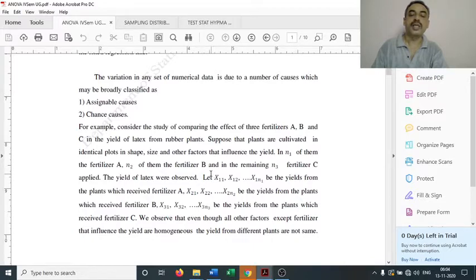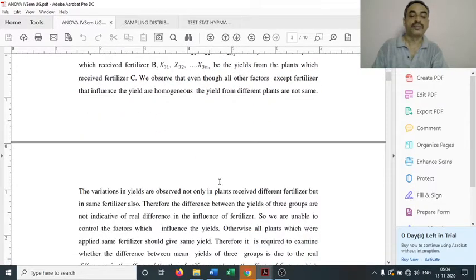So if there are n1 observations receiving the first treatment, then x11, x12, etc., x1n1 are the observations from the units receiving the first treatment. Likewise, x21, x22, etc., x2n2 are the observations receiving the second treatment. So the first treatment is applied to n1 units, the second treatment is applied to n2 units, etc.